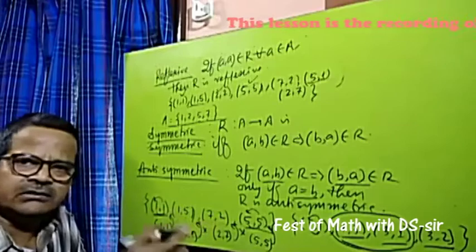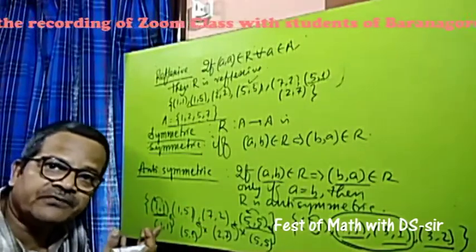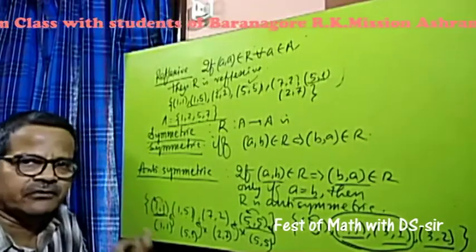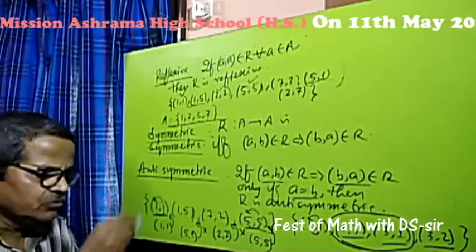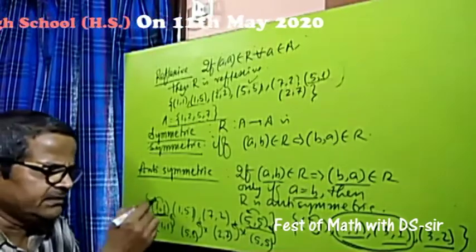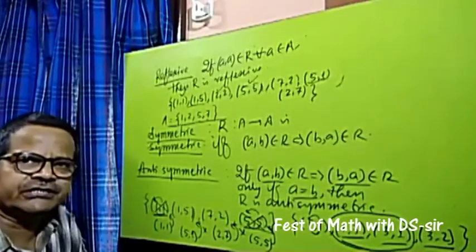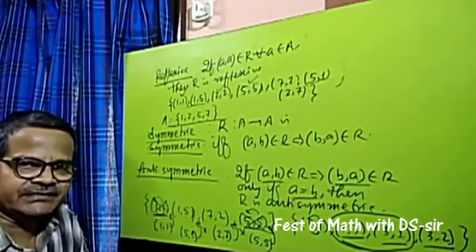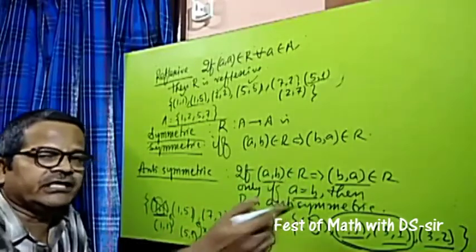You may find (1, 1), (2, 2), (4, 4), whatever it may be, or you may not find any ordered pair of that form. If this relation contains no such ordered pair, say if we remove these two ordered pairs, then also this relation remains anti-symmetric, because it would show symmetricity only when a is equal to b.